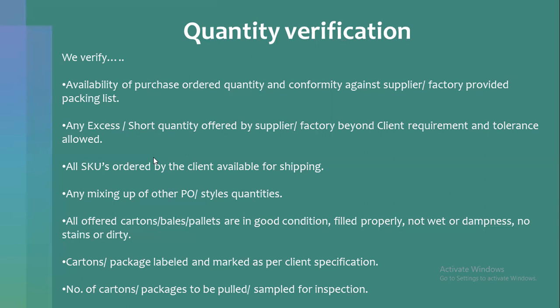Any mixing up of other POs or style quantity in that shipment. All offered cartons, bales and pallets are in good condition, filled properly, not wet or damp. No stains or dirt on the product as well as the packing. Cartons are packaged, labeled and marked as per the client specification, and the number of cartons or packages to be pulled for sampling for inspection.